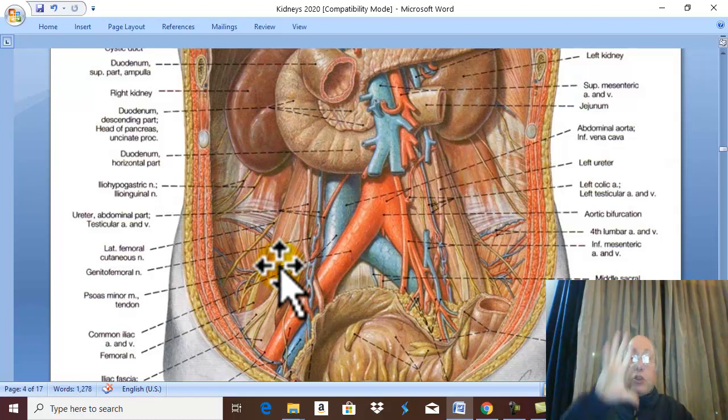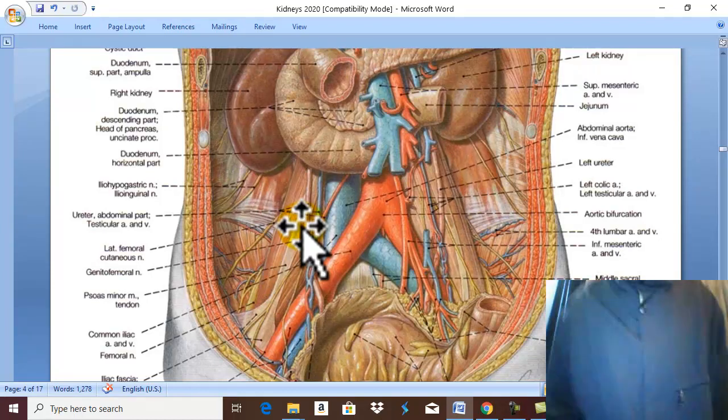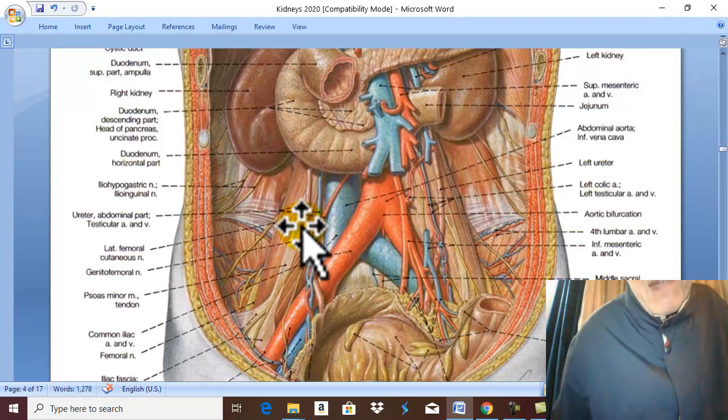Irritation of any muscle produces contraction and spasm of this muscle. And we all know that the psoas major is the main flexor of the hip. This leads to flexion deformity in the hip. And therefore, this patient may come to you with flexion deformity of the hip.